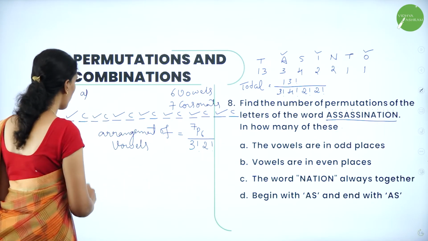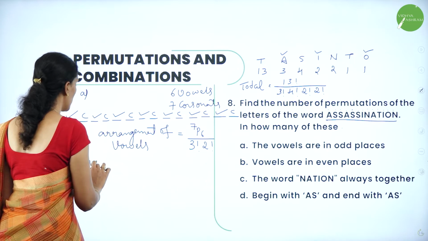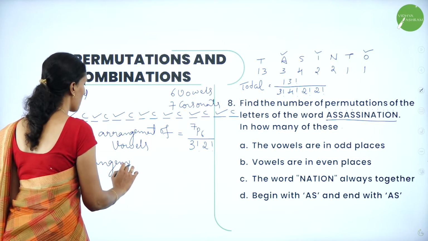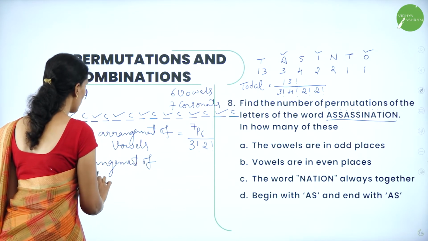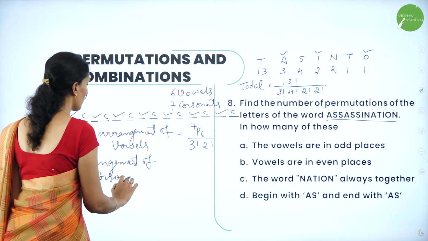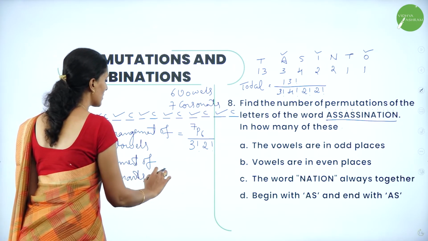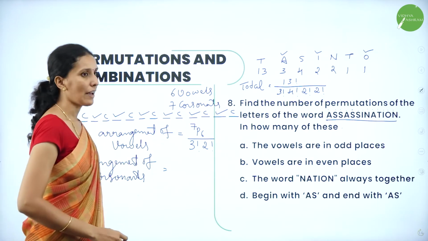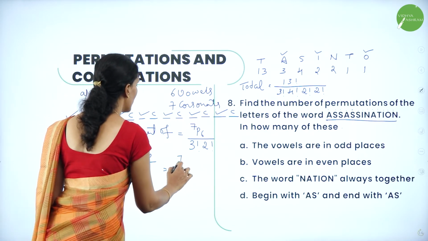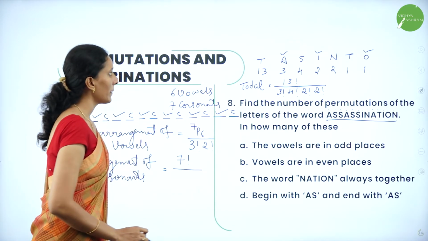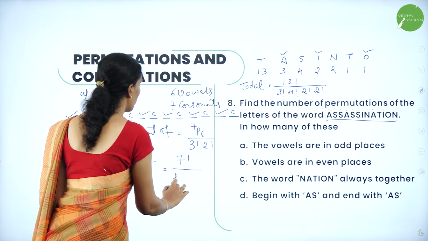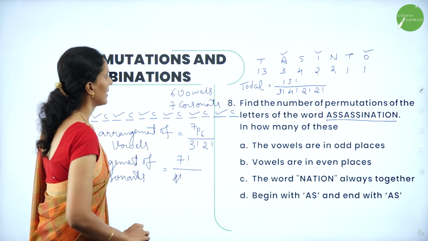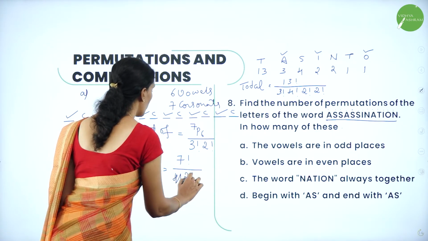What about the arrangement of consonants now? Arrangements of consonants will be: we have 7 consonants. So therefore 7 factorial, with repetition. S is repeated 4 times. Next, N is repeated 2 times.